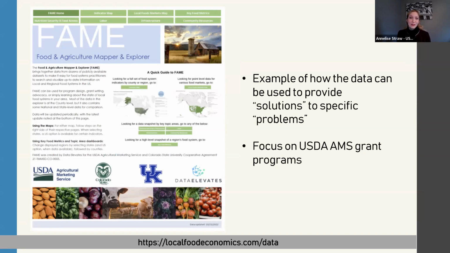So hopefully FAME improves access to more comprehensive data on local and regional food systems, as well as being a tool to support planning and evaluation and grant applications that'll help stakeholders really respond to current challenges in the food system. So I'll now pass it over to Libby to talk about the creation and the process of how FAME came to be, and then detail the path forward.